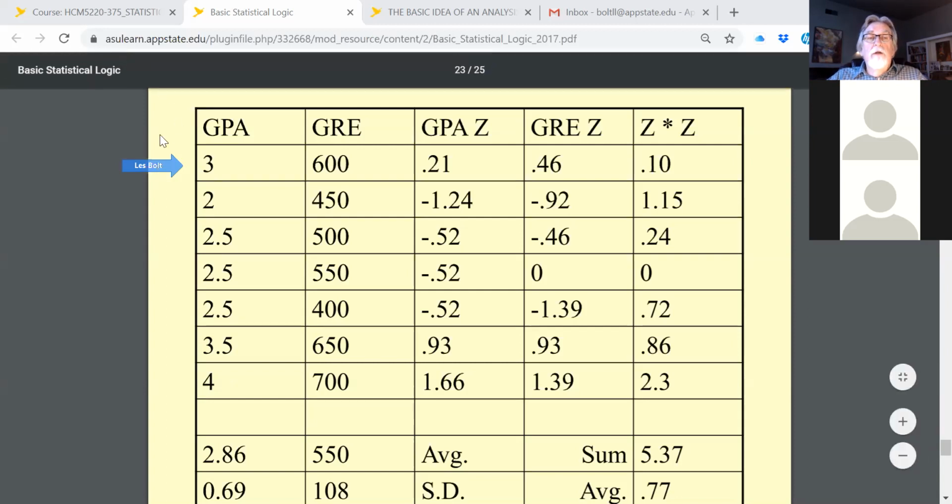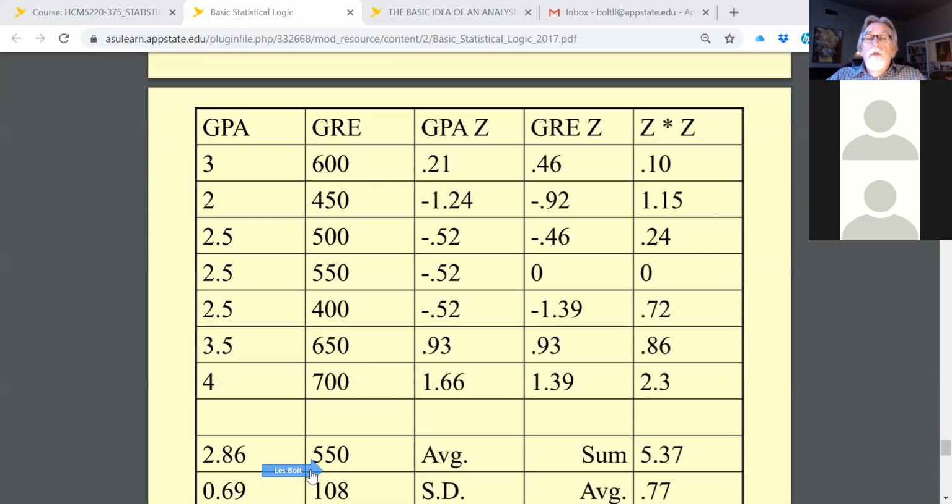And so all we've done here is convert GPAs to z-scores, GREs to z-scores using their means and standard deviations, and multiply those together. Multiply the z-score values together, and we get what's called a product moment value.